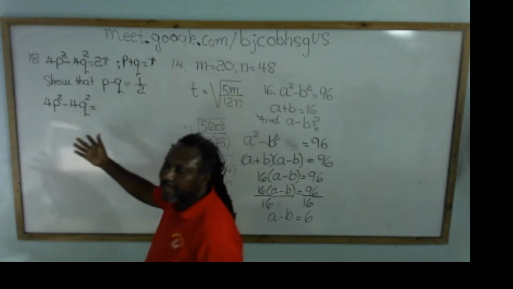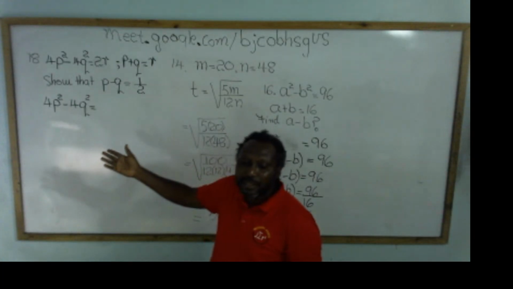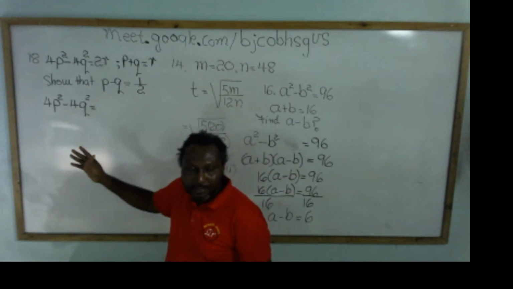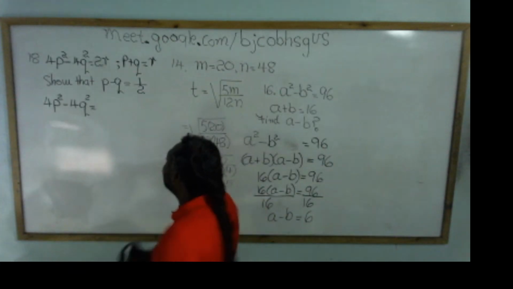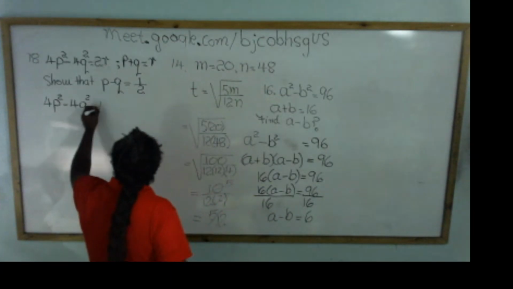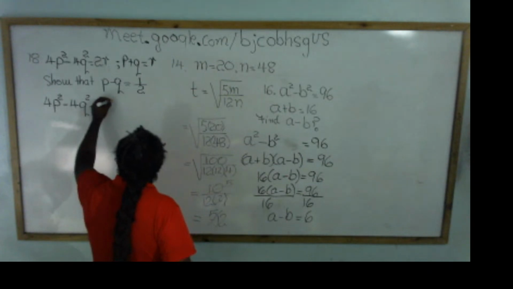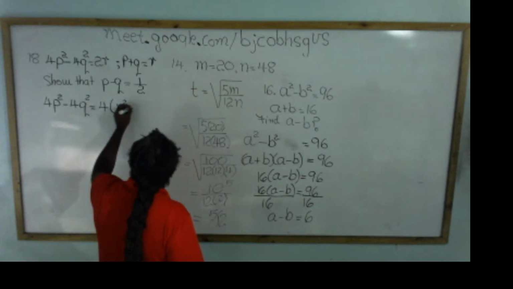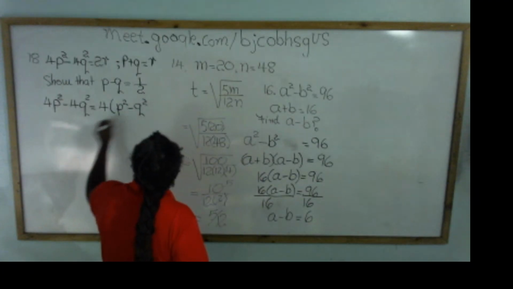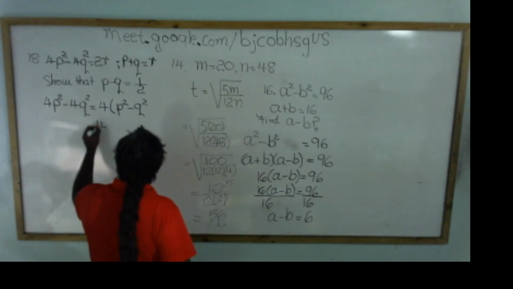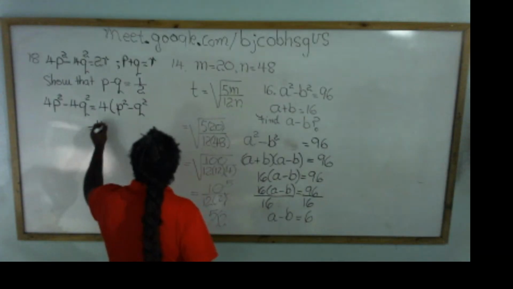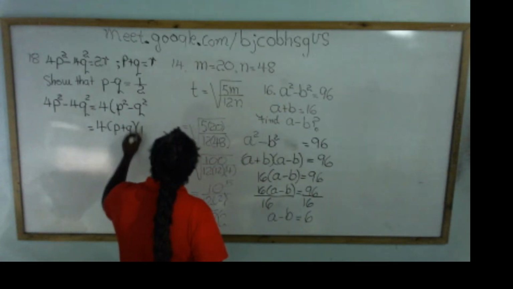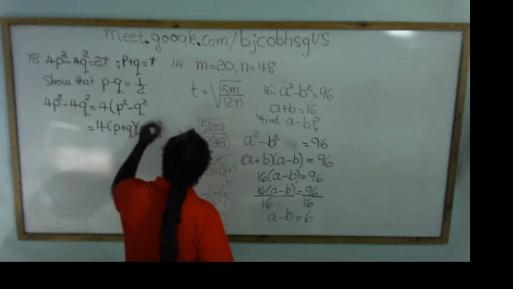Of course, it is a difference of 2 squares. Of course, you may factorize it in the way that we have just done. It is more appropriate to factorize it like that. 4 times p squared minus q squared. Then, keeping the 4 right there, you have p plus q with p minus q.